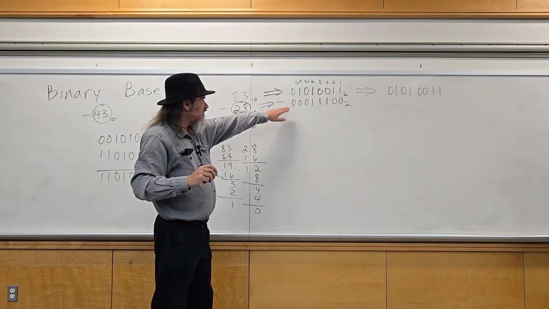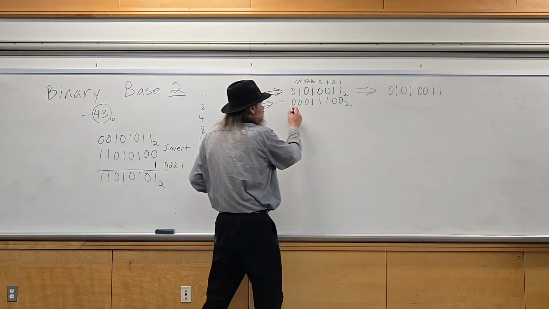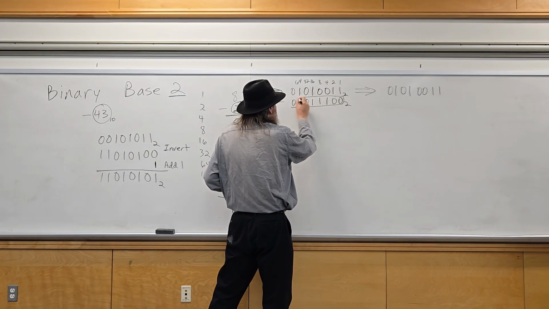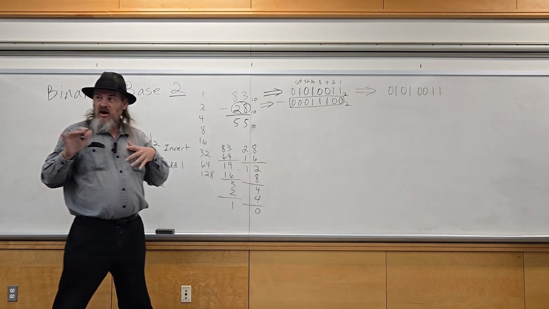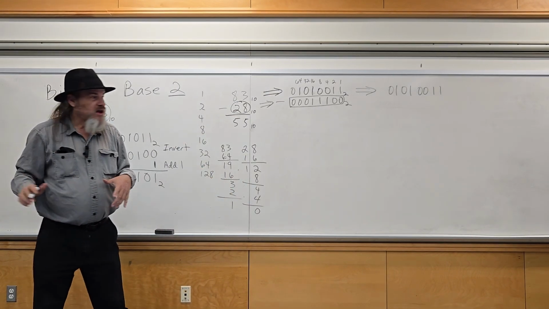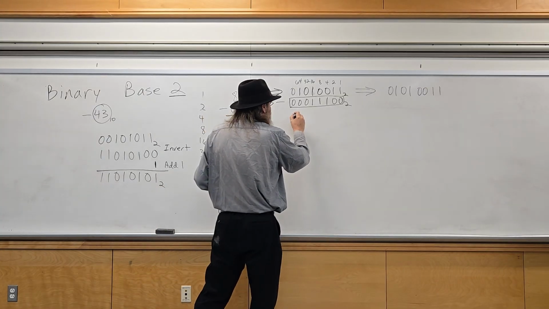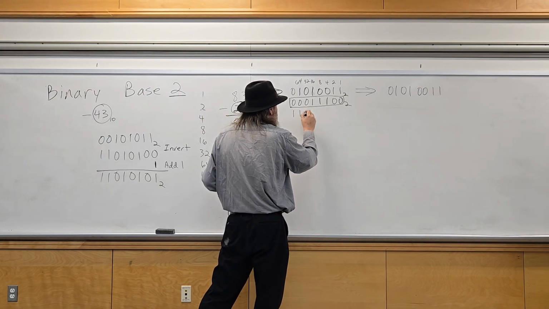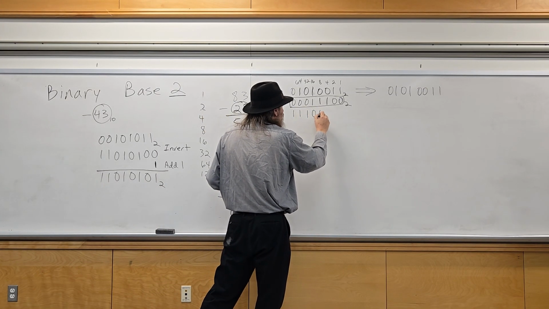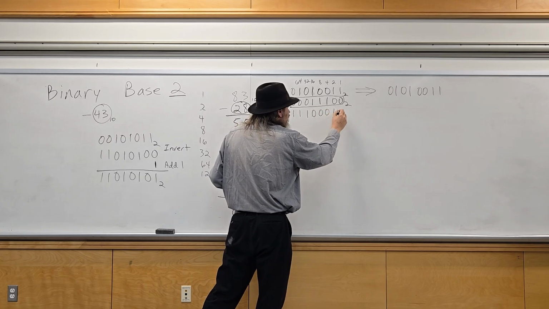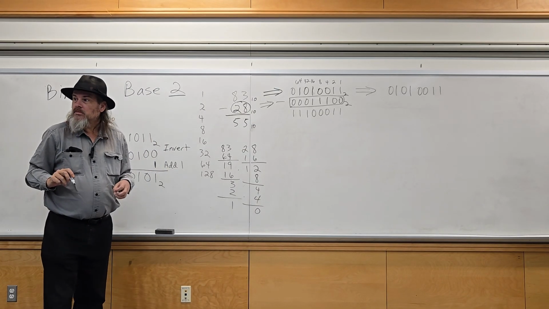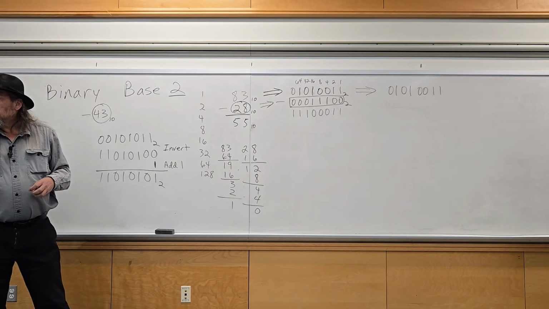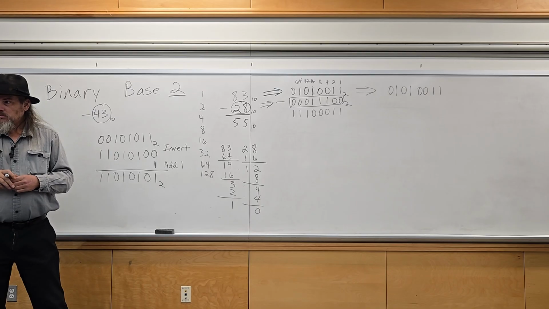But to convert this number here to a negative number, use the 2's complement system, which is inverting the bits. Ones become zeros. Zeros become ones. 2's complement.